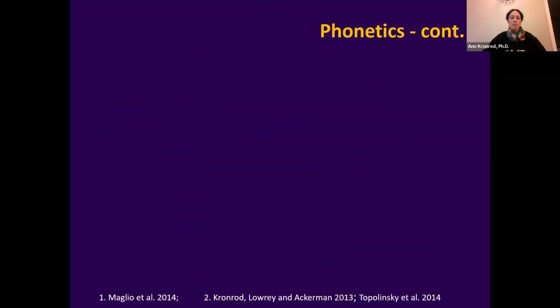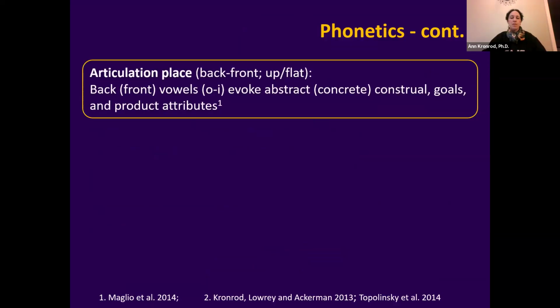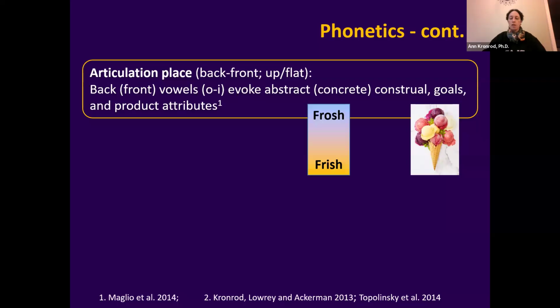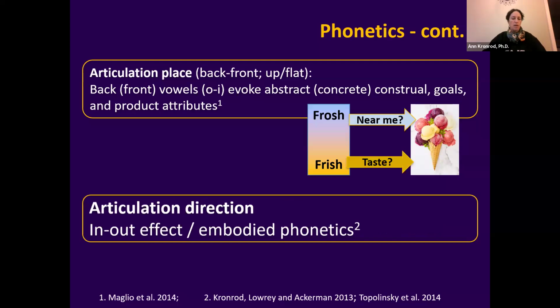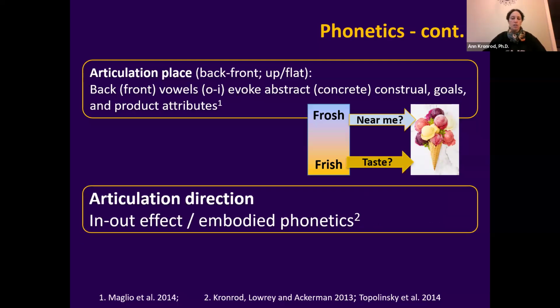Let me show you another example. So if you think about the direction of articulation, I will skip this, forgive me. I will go to the articulation direction effect, also called the in-out effect, and also embodied phonetics.